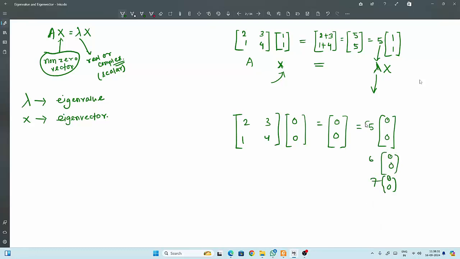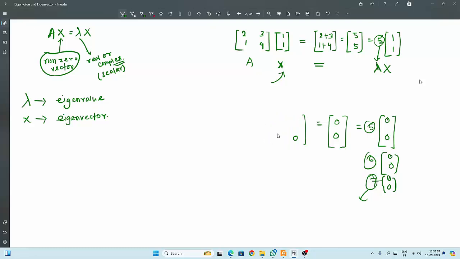That means all these values would then be eigenvalues, but that is not possible. Corresponding to one eigenvector, you always get only one eigenvalue, not more. Corresponding to the eigenvector [1 1], you get only one eigenvalue, 5. That's why [0 0] is not allowed as an eigenvector. An eigenvector is always a non-zero vector.